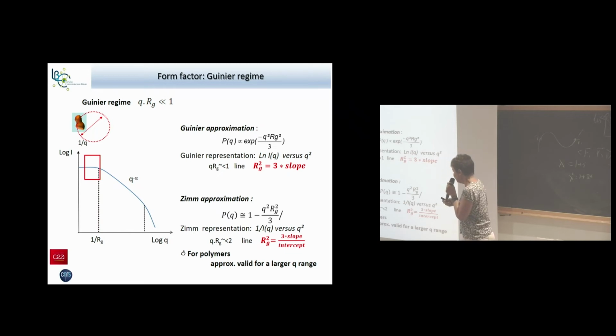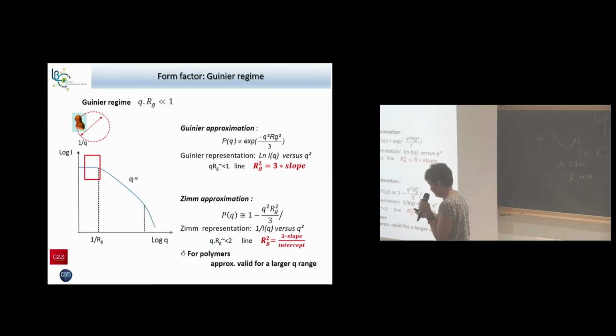This Zimm representation is good for polymers because it deviates from the straight line at higher Q value than the Guinier approximation. Remember, the radius of gyration has to be measured at Q Rg smaller than 1. After this, it's no more linear.